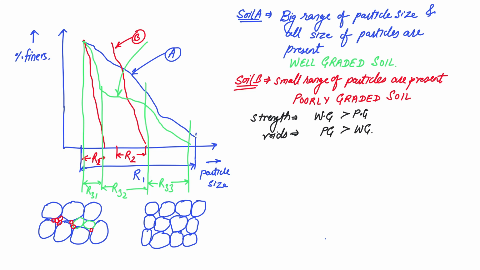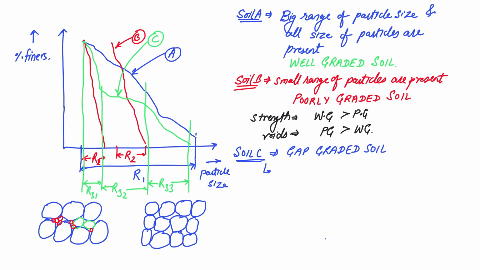So in the range R32 the percentage of particles is almost absent. And as particles are absent in a particular soil, there is a gap in the gradation, and hence such soil, where the graph becomes horizontal in between, soil C, will be known as gap graded soil.